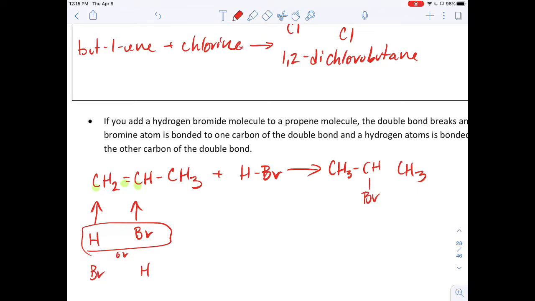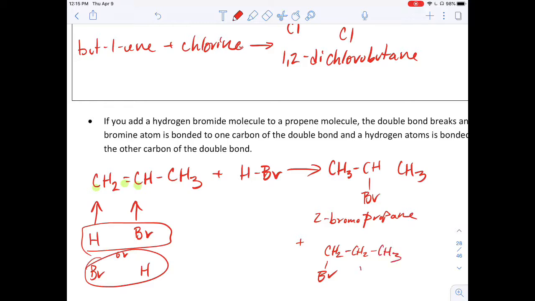And so this is going to be a 2-bromopropane. If the other occurs, then I'm going to get the bromine on the first carbon. Sorry about that, just making all sorts of mistakes. So CH2Br, CH2, CH3.